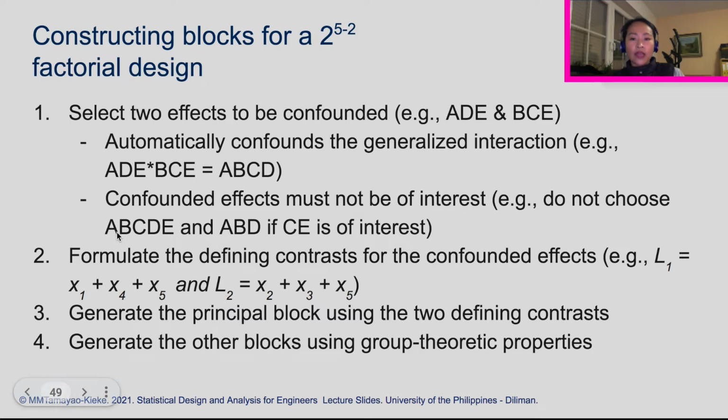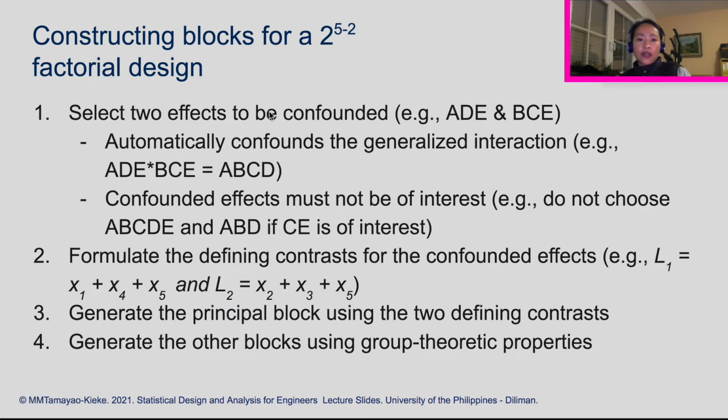So A squared B squared C D squared E would reduce to CE. And if C is of interest, then it would be confounded with the block as well, which is not desired.